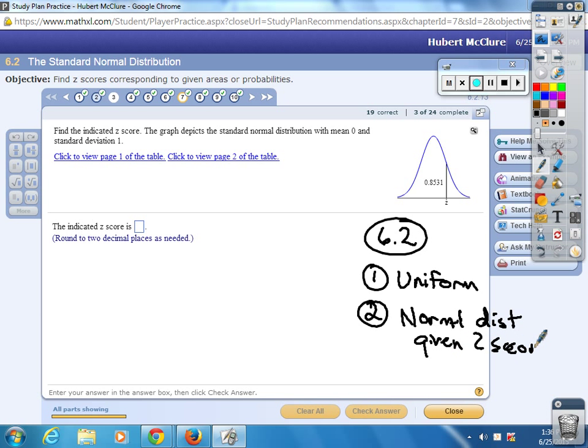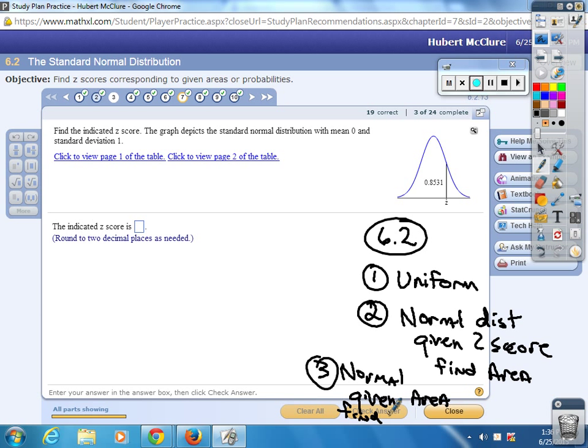And if you're given a z-score, you find the what? Find the area. The third question is normal. You're given the what? Area, and you find the what? And you find the z-score. And you know that because it says it right here, and you know that 4 digits is an area.